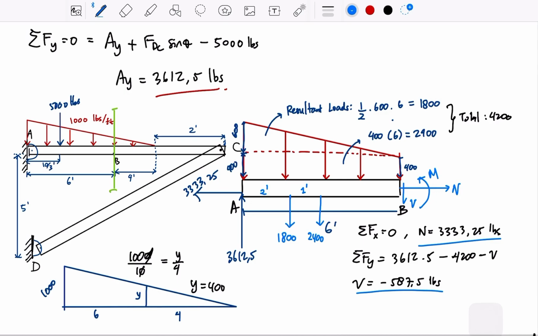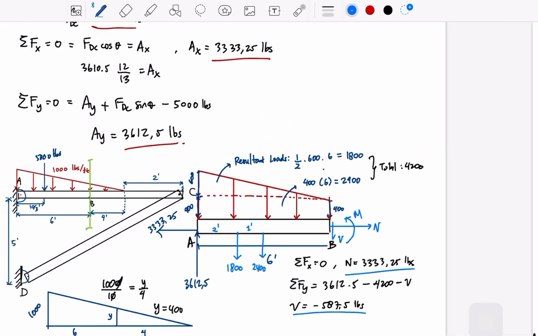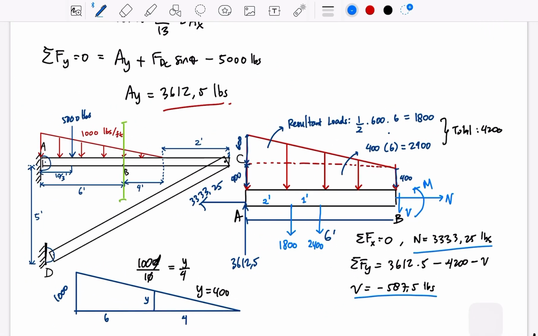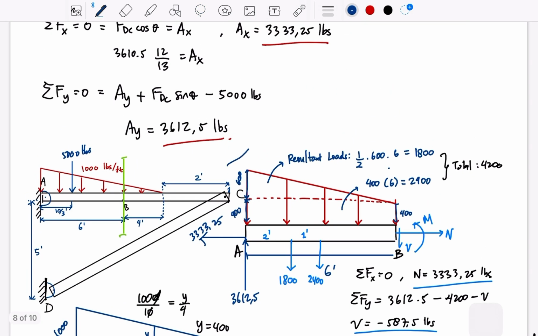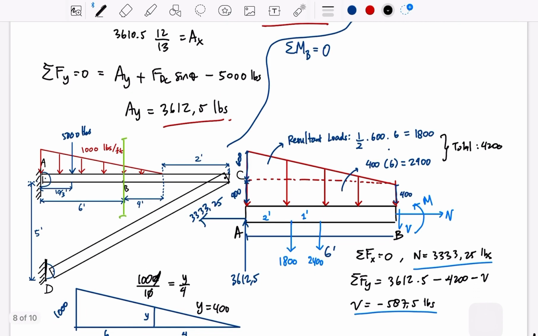So the sigma moment, I hope you don't mind, I'll write a little bit up here. So sigma moment at B is equal to 0.